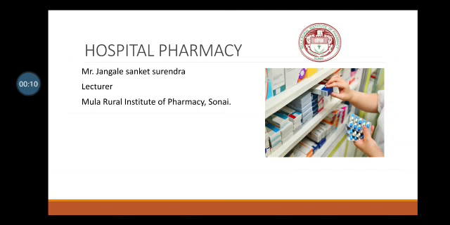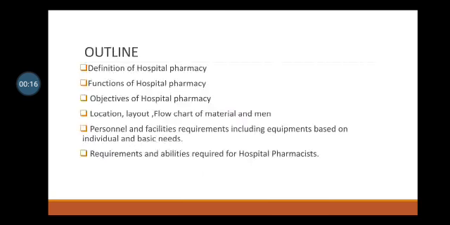Where we will discuss the chapter Hospital Pharmacy, Part 2nd. The outline of this chapter: in part first, we have seen the definition of hospital pharmacy, functions of hospital pharmacy, objectives of hospital pharmacy, location, layout, flow chart for materials and men, personnel and facilities requirement, equipment based on individual and basic needs.